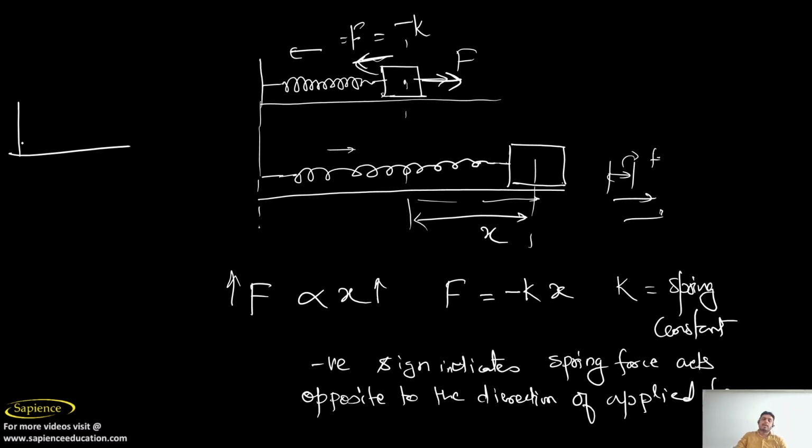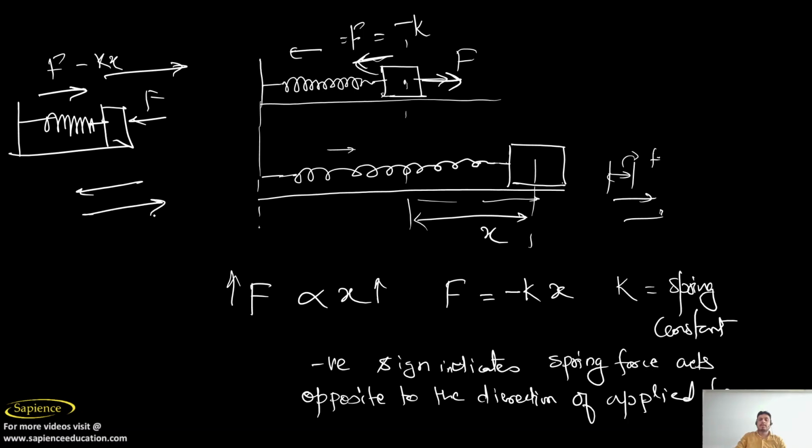It may also be the case when you compress the spring: the spring will apply a force F equal to minus kx, and that will be in this direction. If you are applying a force in the left direction, the spring force will apply in the right direction. I hope you all have understood this.